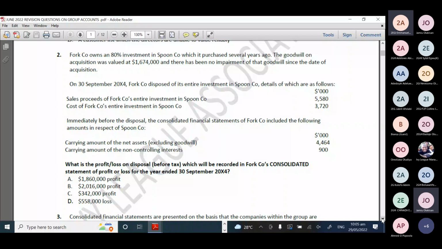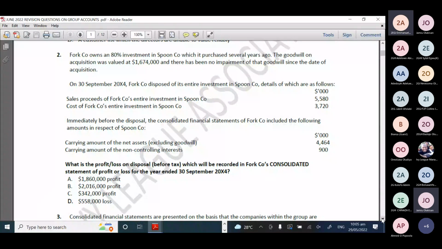Sales proceeds of FOCCO's entire investment in SpoonCo, $5,580. Cost of FOCCO's entire investment in SpoonCo, $3,720. Immediately before the disposal, the consolidated financial statements of FOCCO included the following amounts in respect of SpoonCo. Carrying amount of the net assets excluding goodwill, $4,464. Carrying amount of the non-controlling interest, $900.